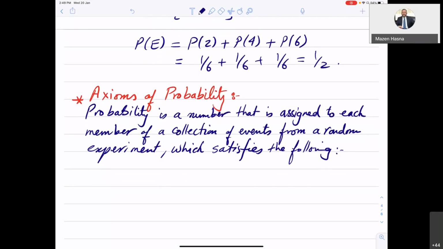So we have three main rules for probability, which we denote as axioms of probability.